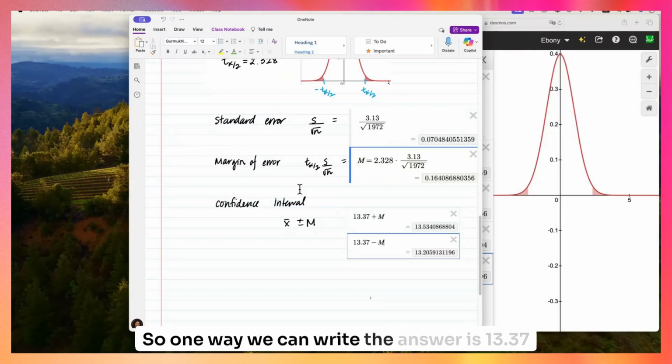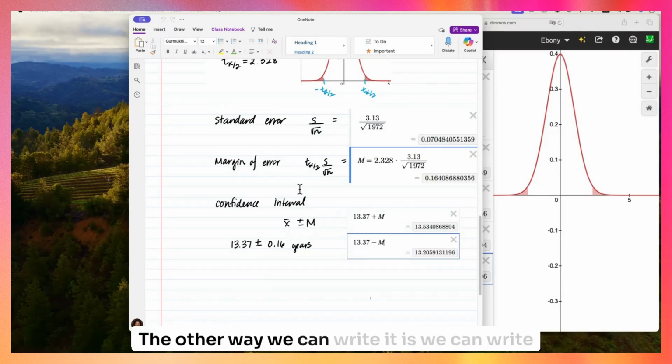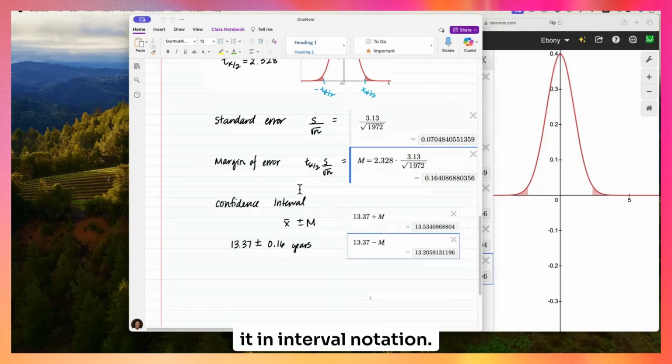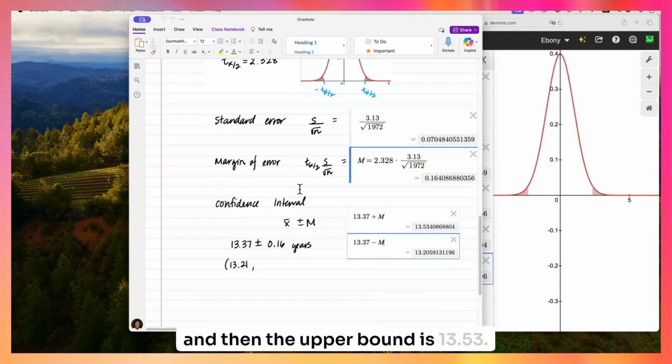So one way we can write the answer is 13.37 plus or minus 0.16 years of education. The other way we can write it is in interval notation. So the lower bound is 13.21, and then the upper bound is 13.53.